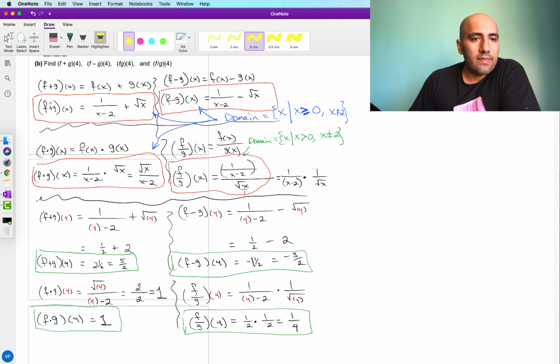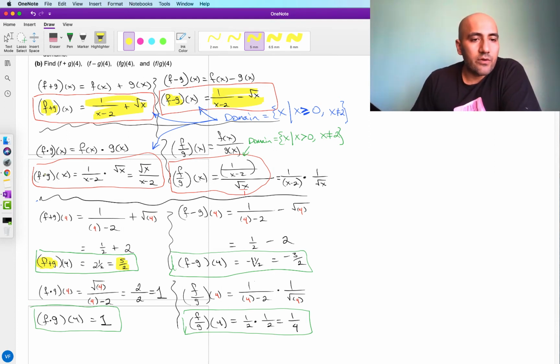Okay, so this function, f plus g of x, is defined to be this. This function, f minus g at x, is defined to be this. And so when I want to evaluate it, here's my function, f of x, evaluated at 4. I get this result by plugging in a 4 into each value of x.